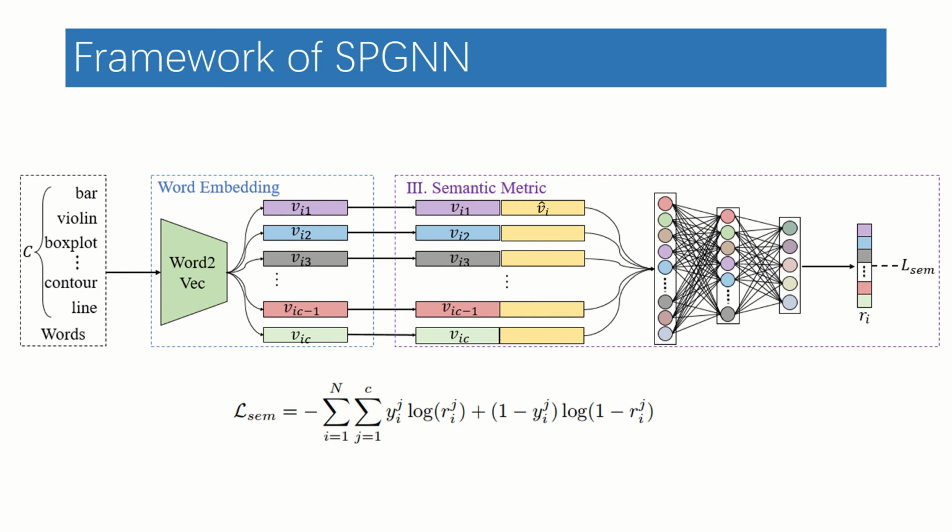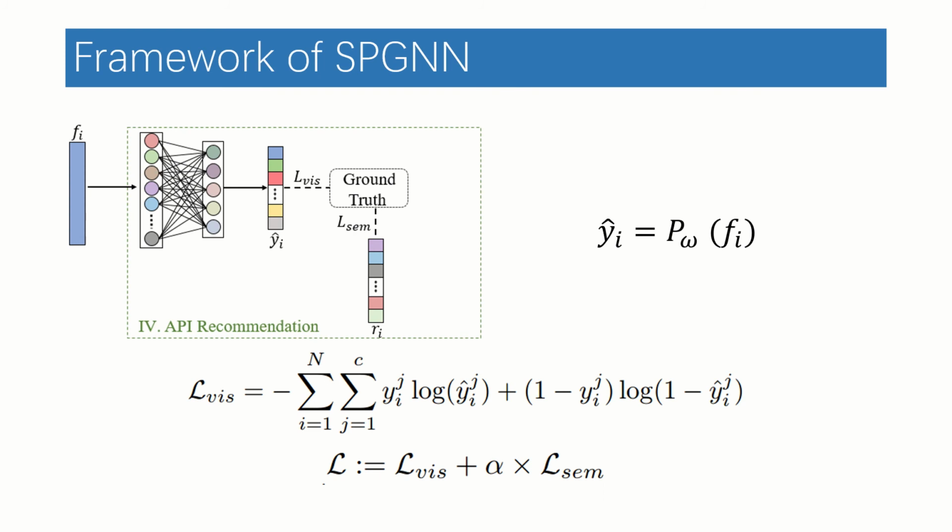Then, the above-mentioned target can be reached by measuring the distribution difference between the normalized semantic relation scores and the labels based on the cross-entropy. A one-layer fully connected neural network is leveraged to map the extracted feature into a binary label vector.